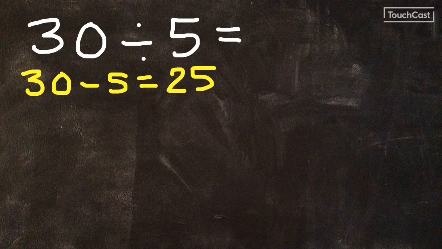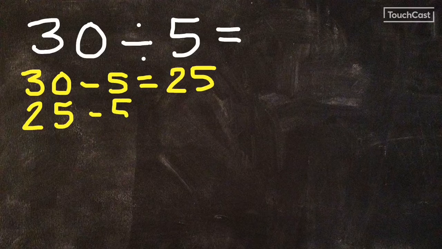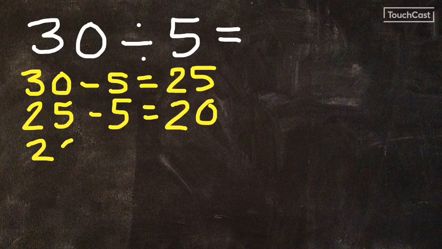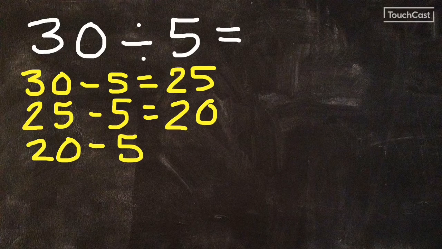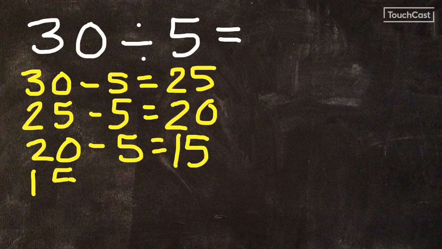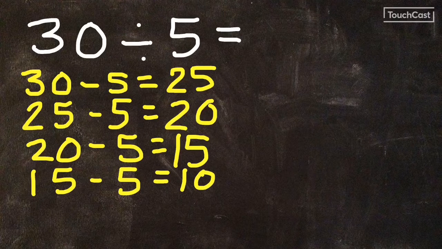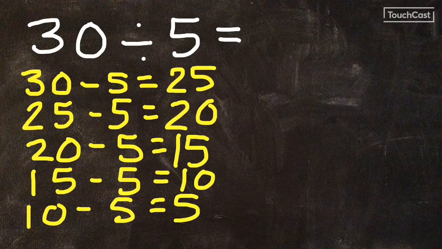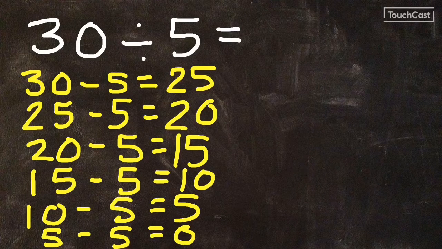Then I need to subtract again, but I'm going to start with my new number. 25 minus 5 equals 20. 20 minus 5 equals 15. 15 minus 5 equals 10. 10 minus 5 equals 5. And finally, 5 minus 5 equals 0. I just had enough space.